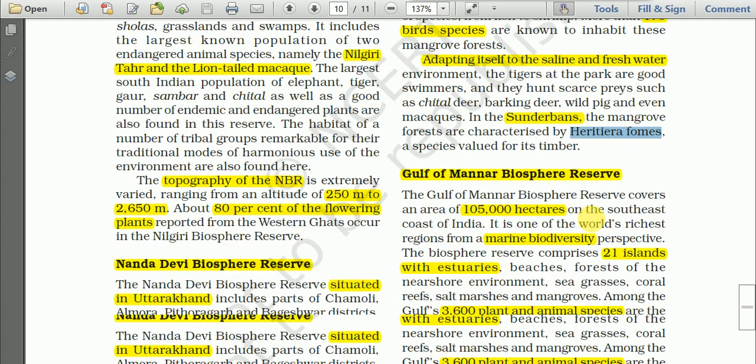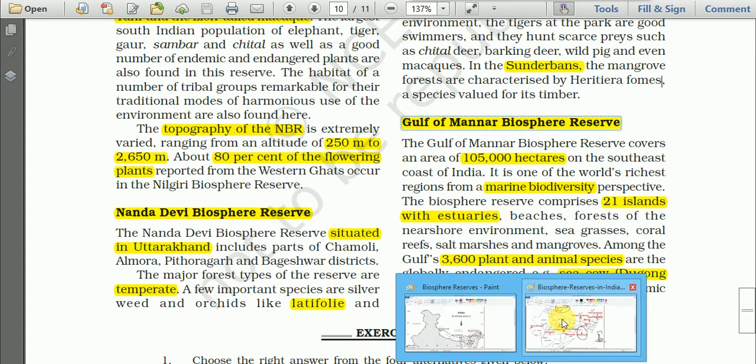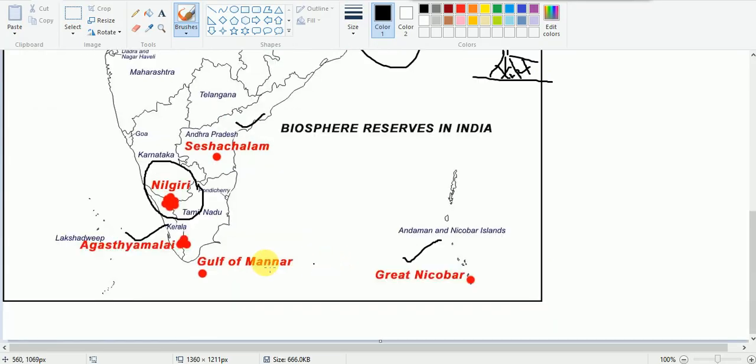Next we have the last biosphere reserve. This is a marine biosphere reserve, Gulf of Mannar Biosphere Reserve. I have shown the location also. Here we have this Gulf of Mannar, and Sri Lanka is here. It is in between Sri Lanka and Tamil Nadu.